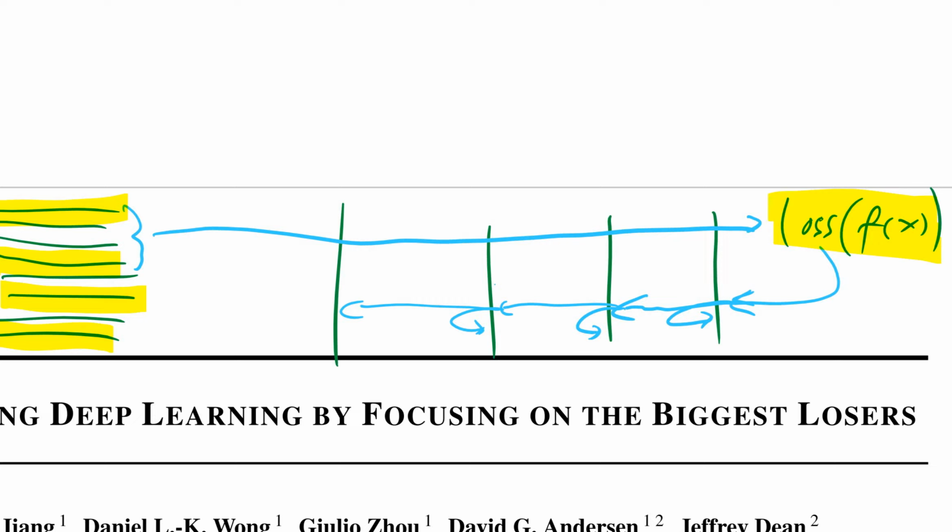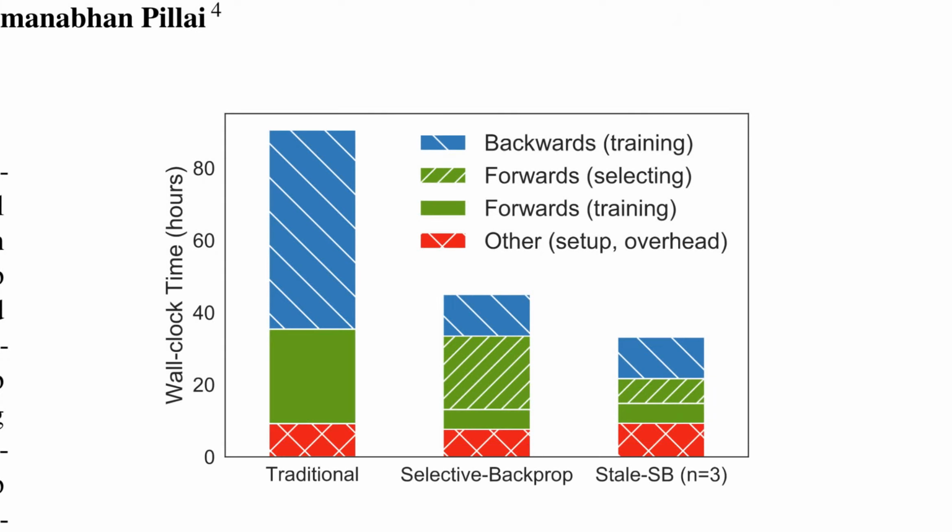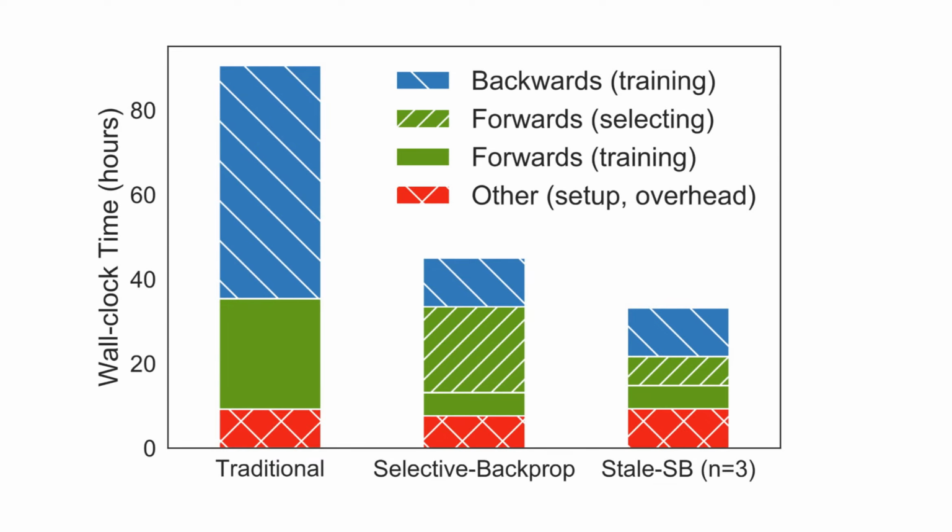That's like the definition of hard and easy examples. Of course, that's a simplifying assumption. But the idea is to only select the hard examples by how much loss they have, and only then backprop these hard examples. And that's how they can reduce this by a lot.